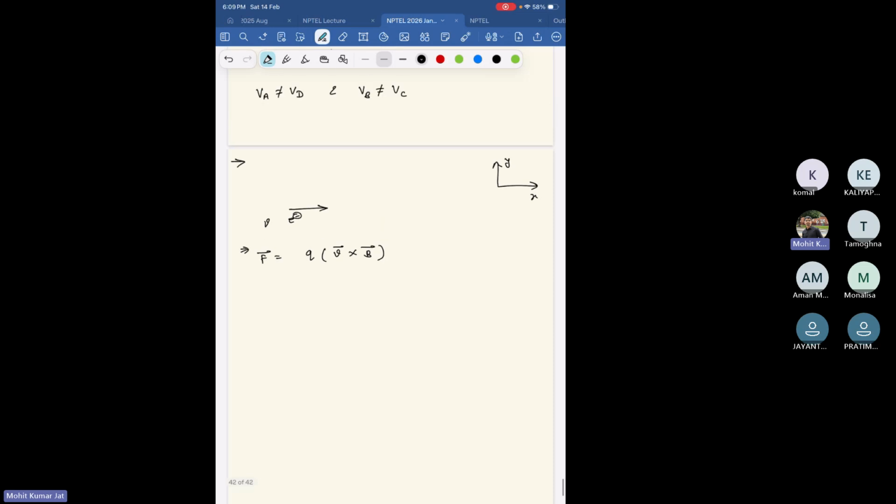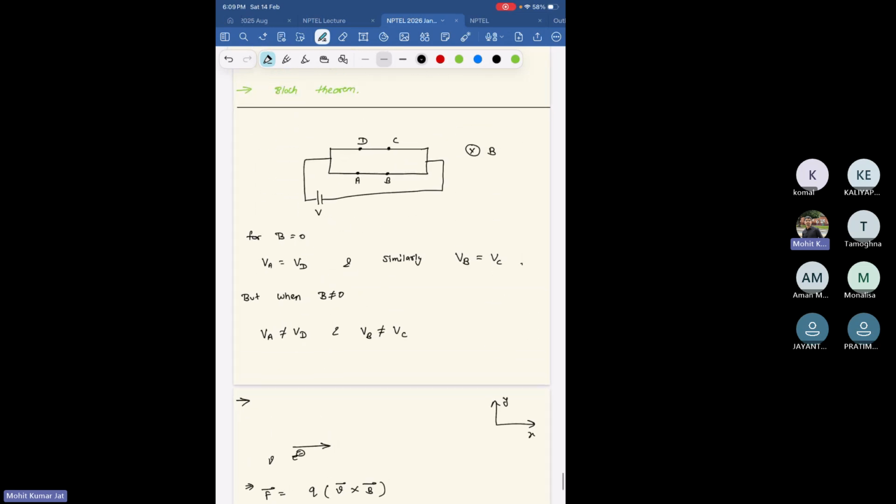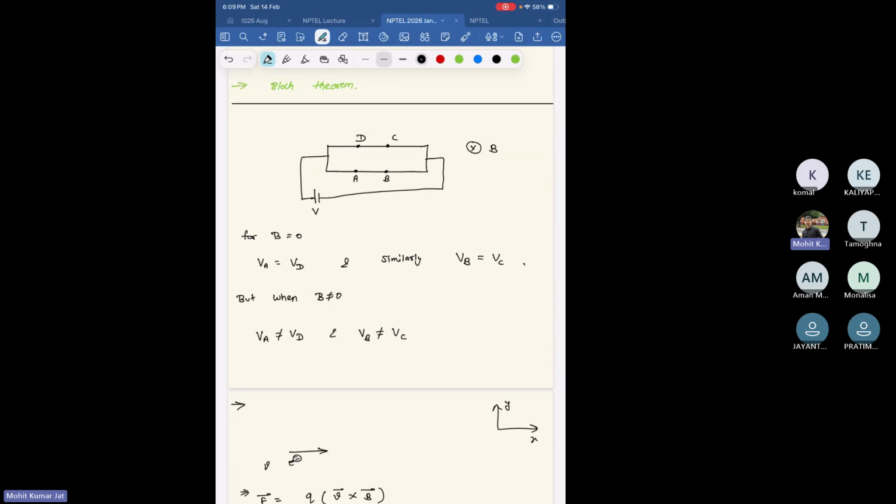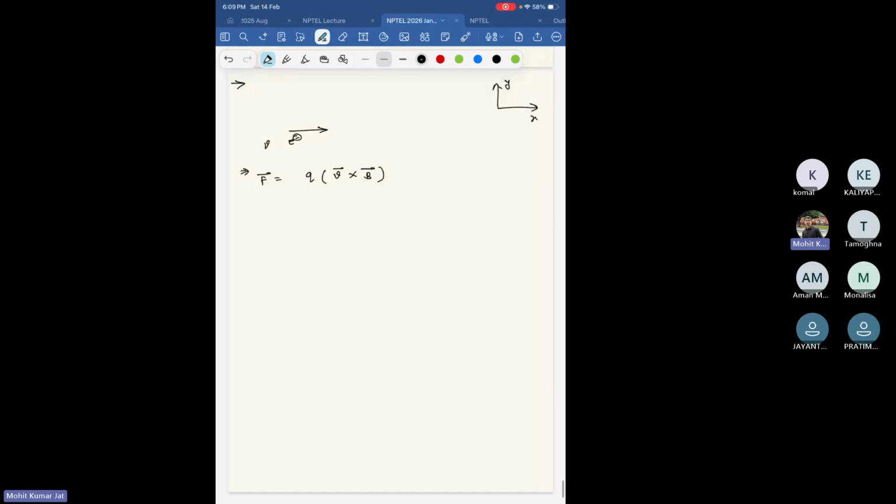Okay. So in this scenario, when your positive potential is applied here, negative here, the electron will move in this direction, right? From negative to positive. So your V is essentially minus Vx cap. Let's say your B is perpendicular, Bz cap, and your charge is electronic charge minus e.